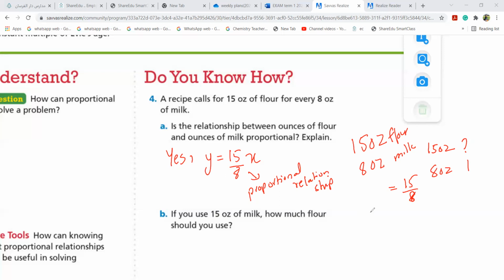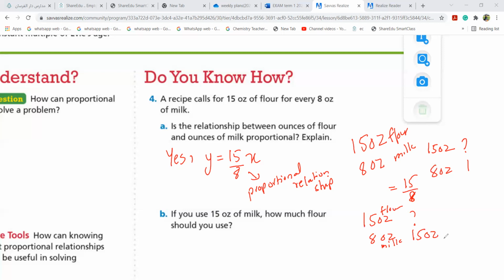Now they're asking: 15 ounces of flour is 8 ounces of milk, so how much flour for 15 ounces of milk?